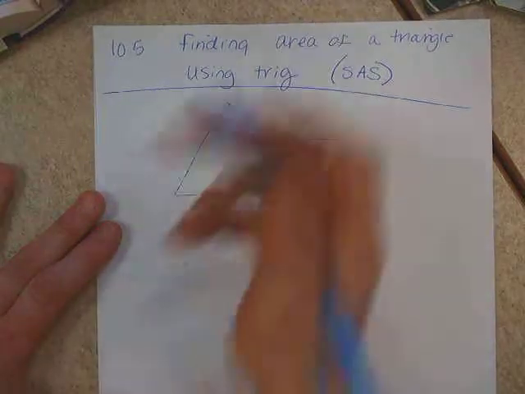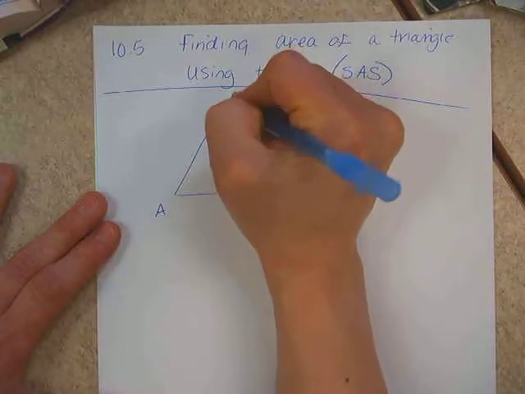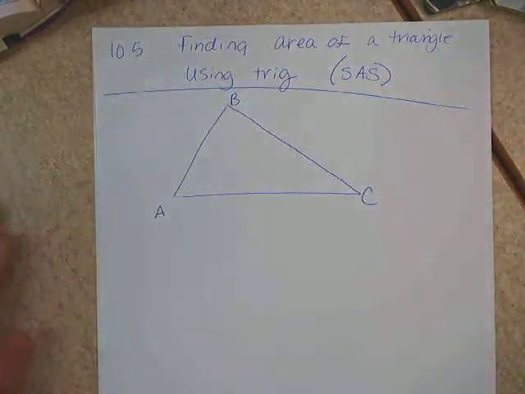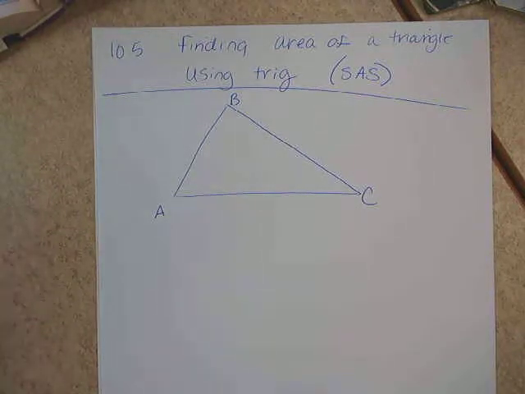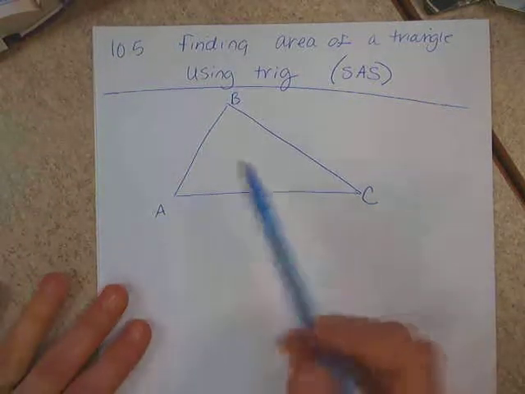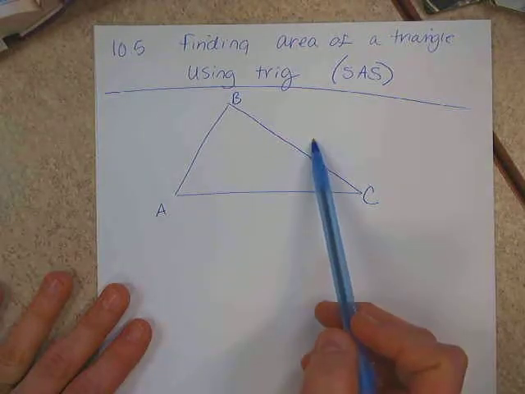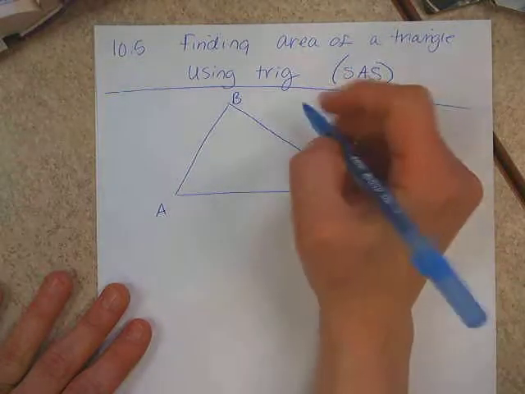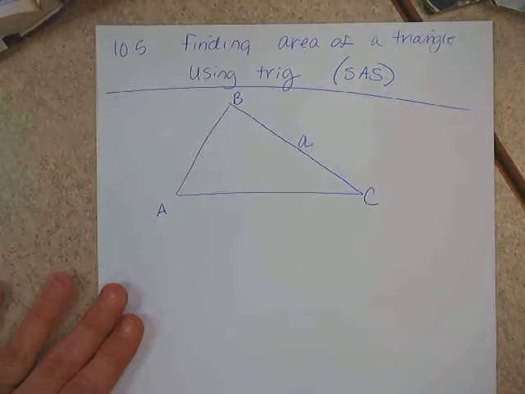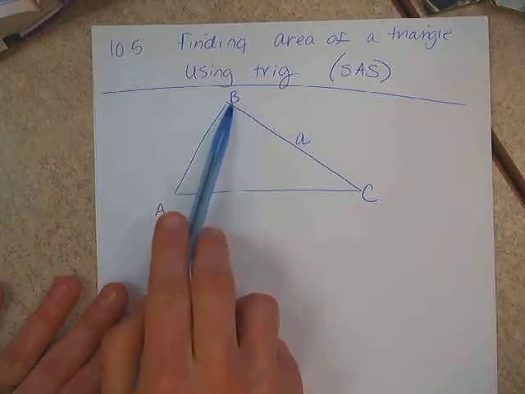Okay. In this formula, our angles are going to be uppercase letters A, B, and C. Across from uppercase A, that side is going to be lowercase a.